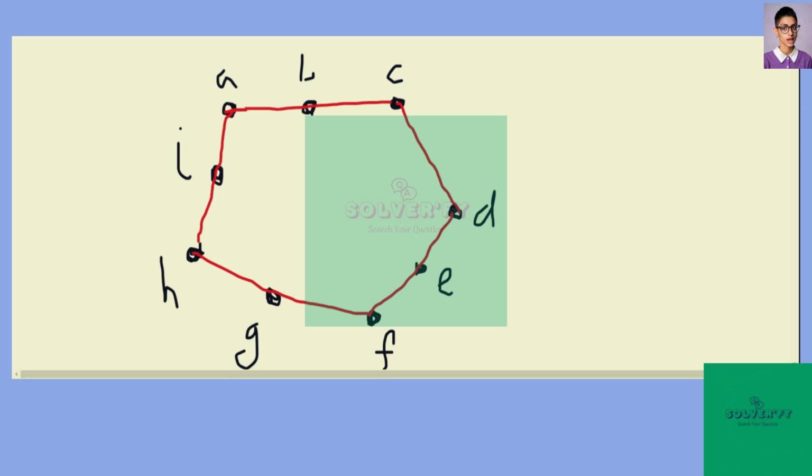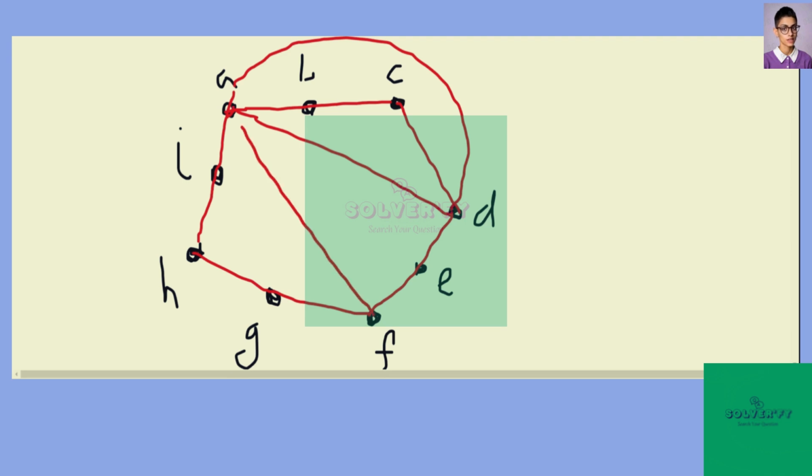And we also have A shares an edge with D. In fact, it shares two edges with D. It also shares an edge with F. We get this sort of star shape inside the pentagon.